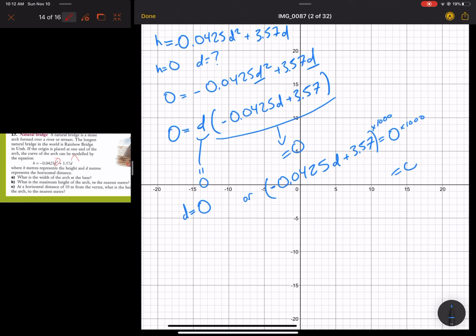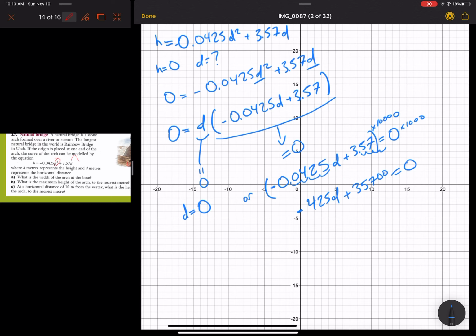Notice 0 times 1,000 just stays 0. And then, or let's multiply it by 10,000. Why not? Because I want to move it 1, 2, 3, 4. 425d plus 35700. Move it 4 spaces, 1, 2, 3, 4.